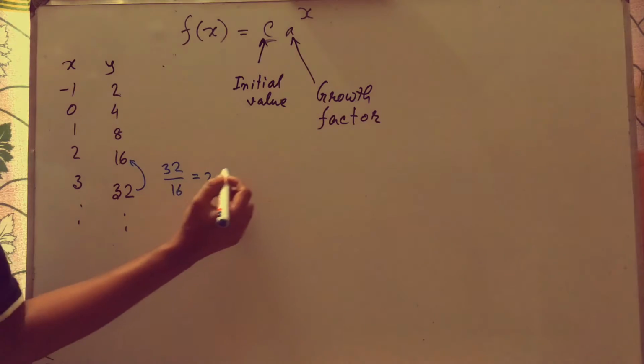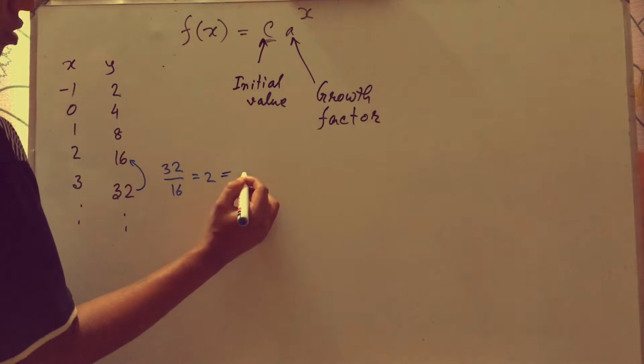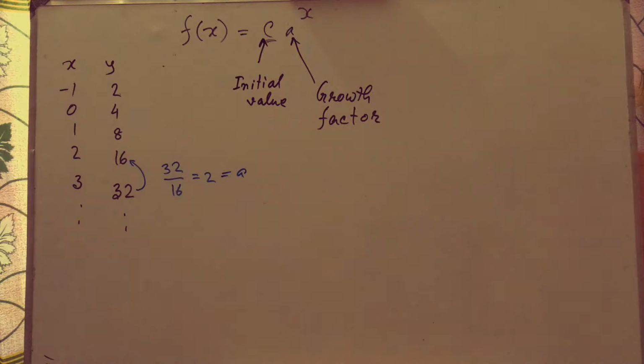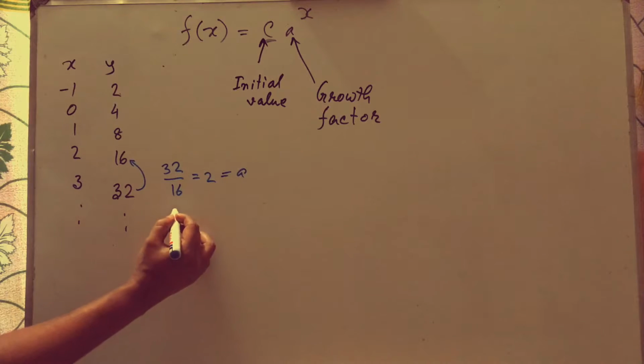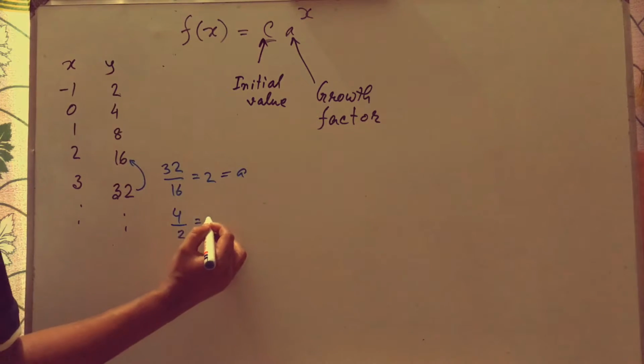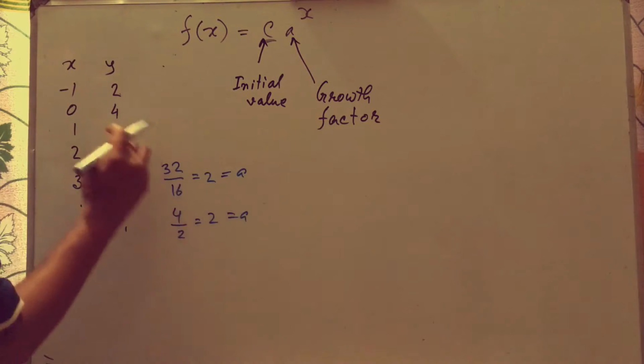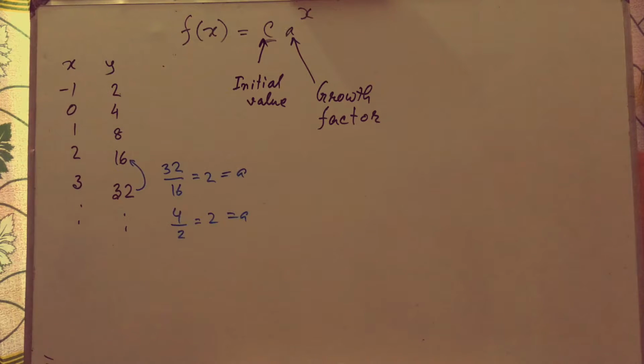This is called the common ratio, and this is the value of a. This is called the growth factor. You can get a from any two successive numbers.